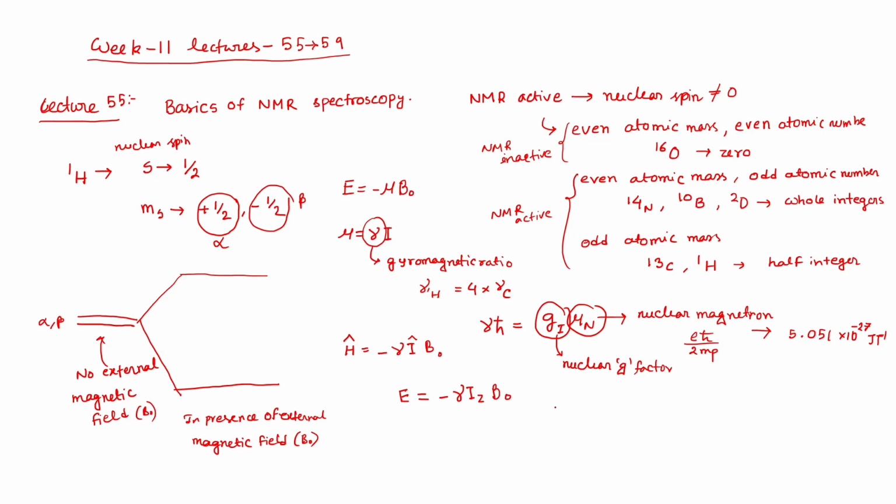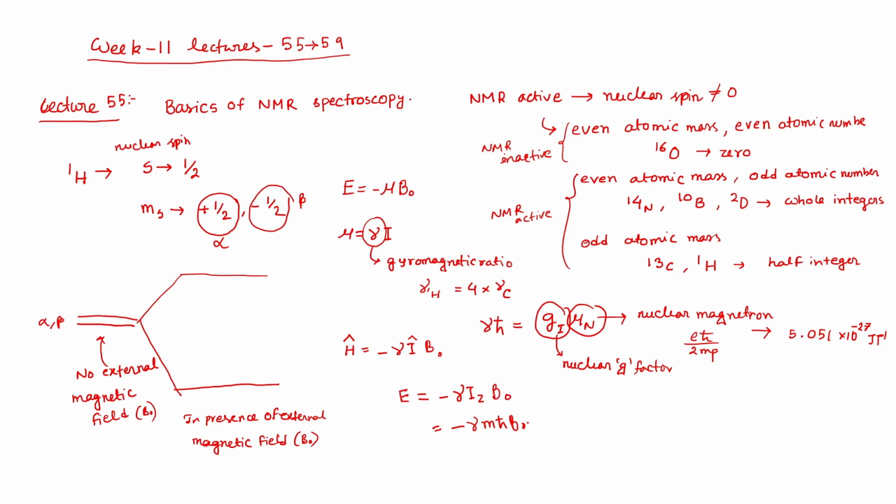And what is I_z? That angular momentum along the z axis is nothing but m h cross. It is similar to the electronic spin, but the values are actually different. So now we have minus gamma m h cut and B naught.